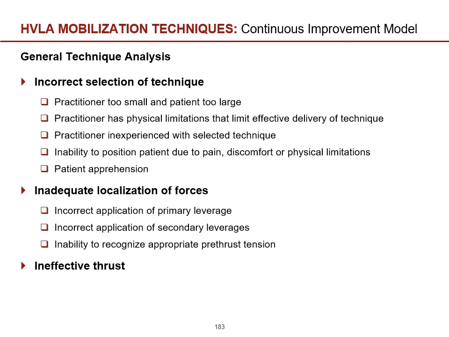Inadequate localization of force can be broken down into the 3 following points: incorrect application of the primary, secondary, or tertiary levers, and inability to recognize appropriate pre-thrust tension.